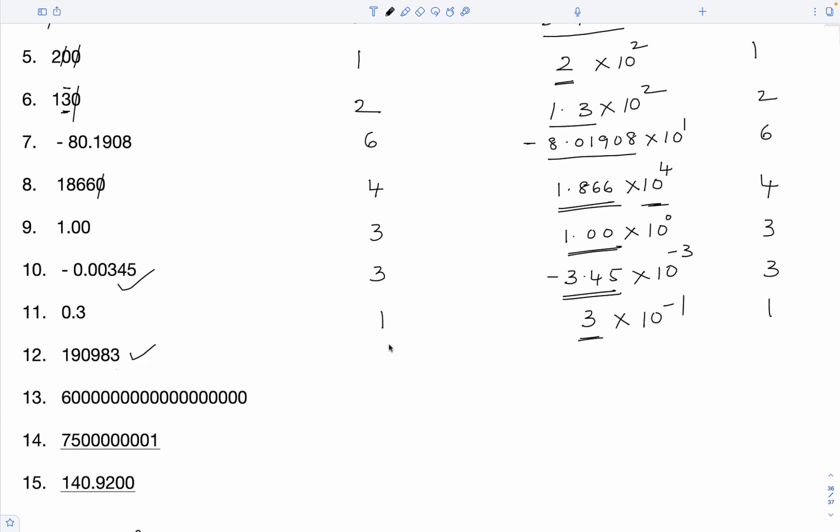And in this measurement, there are 6 significant figures, and it can be written in scientific notation as 1.90983 multiplied with 10 to the power of 5. And by looking at this significand, we can easily understand that there are 6 significant figures. Also, there are 6 digits in this significand.